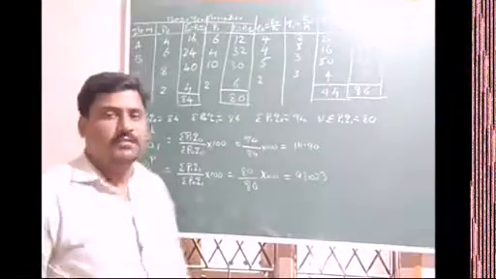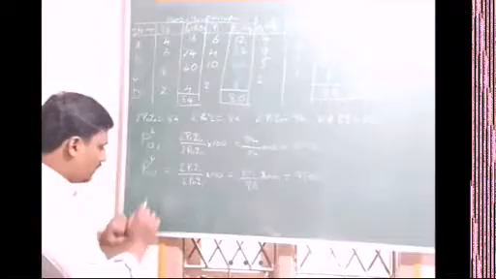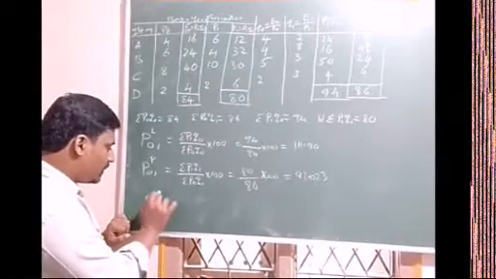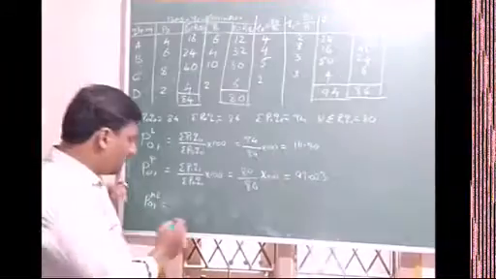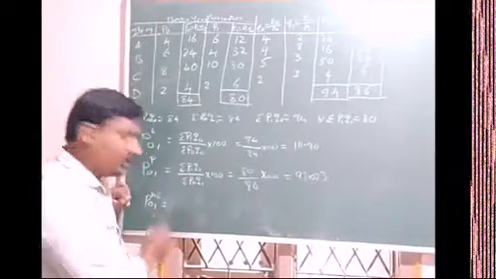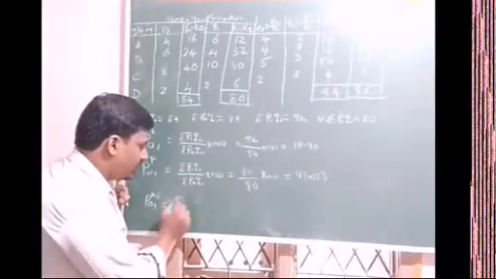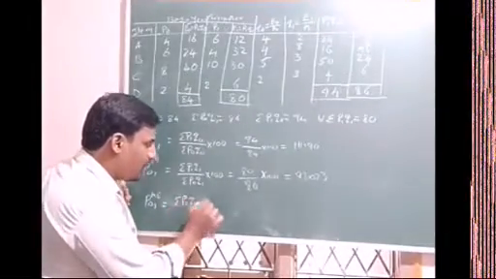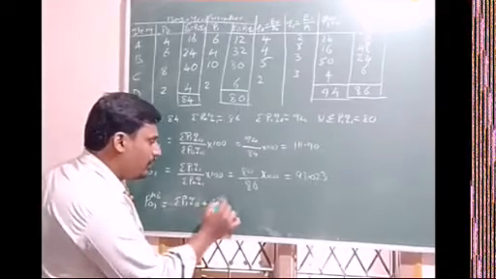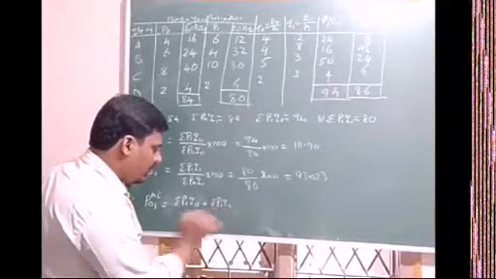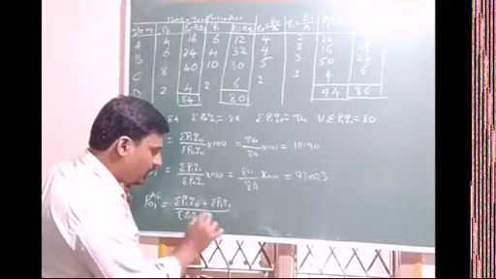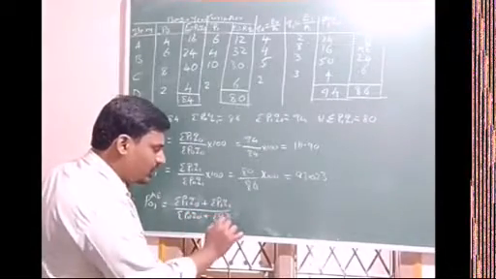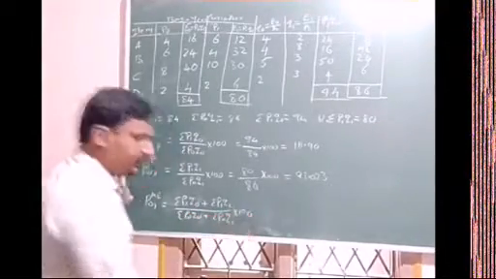So next formula, P01 Marshall-Edgeworth. So Marshall-Edgeworth formula, direct formula I take here. So that is summation P1Q0 plus summation P1Q1 divided by summation P0Q0 plus summation P0Q1 into 100. Okay.